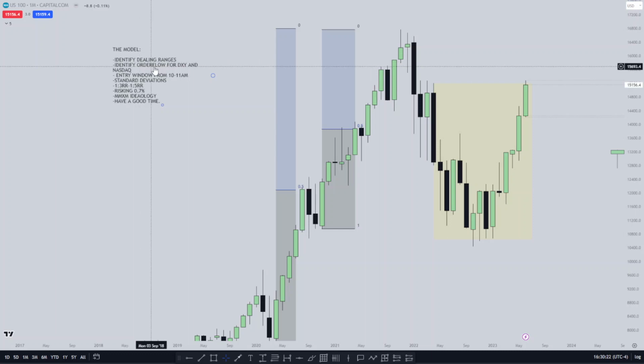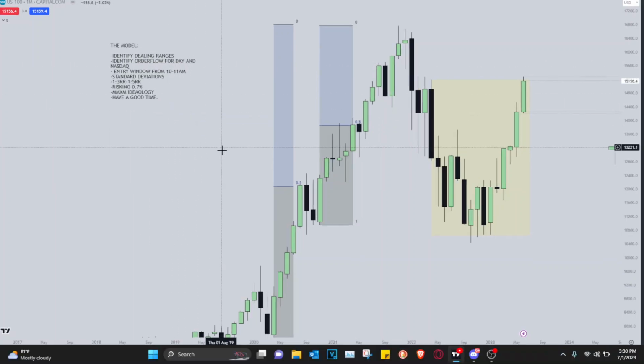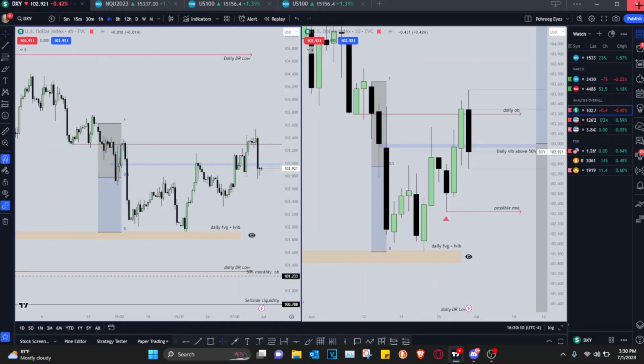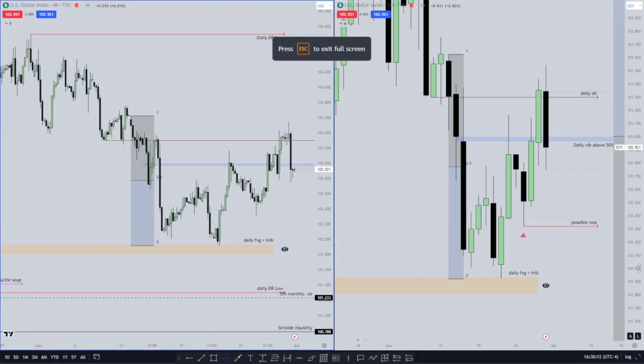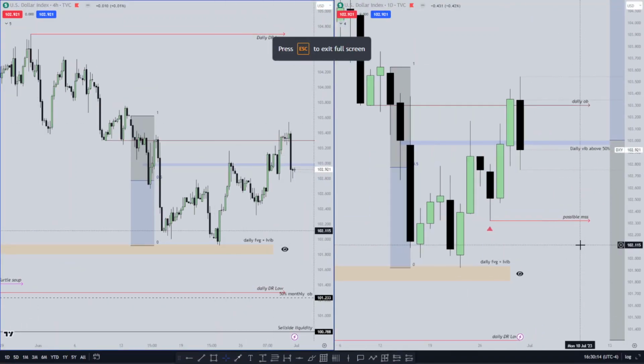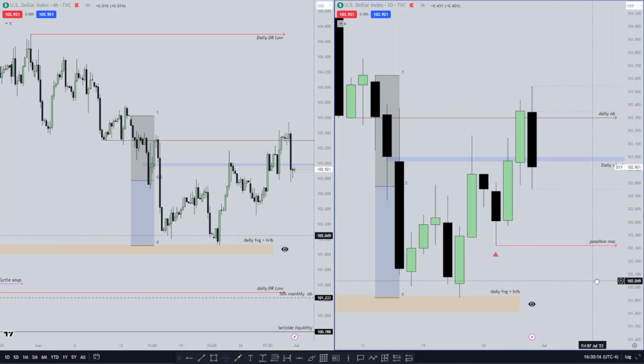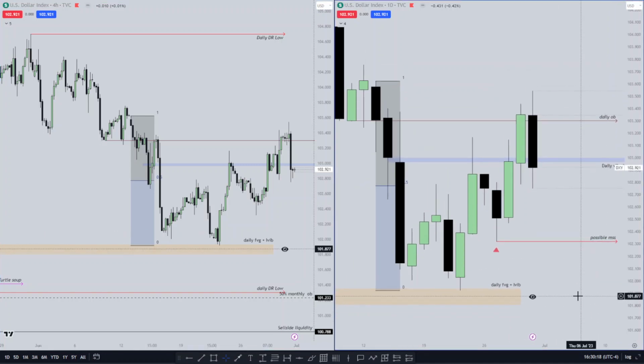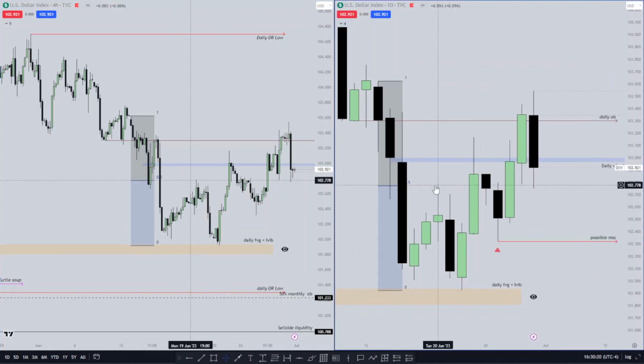So whatever. Identify order flow for DXY and Nasdaq. How do you identify order flow? I identify order flow in a few ways. Number one, I identify order flow as market structure shift.